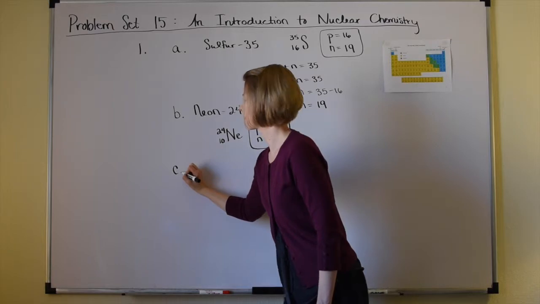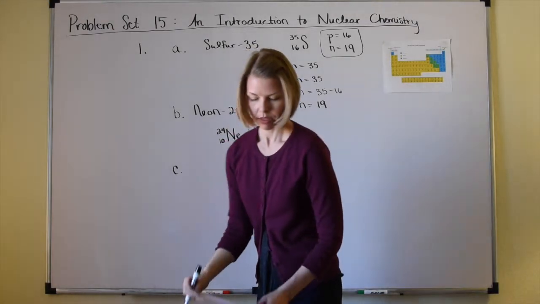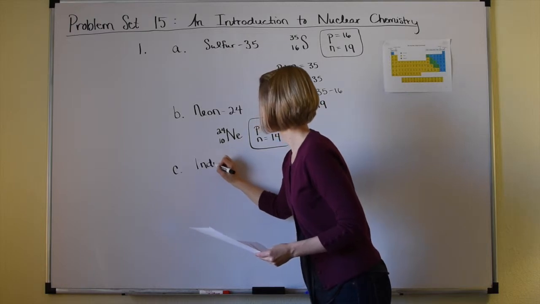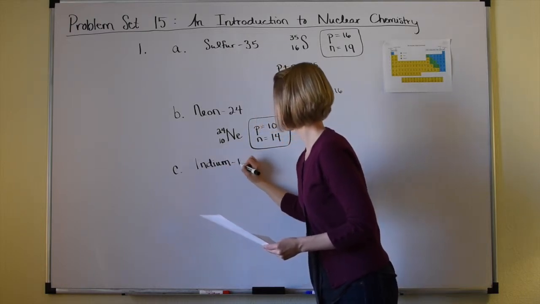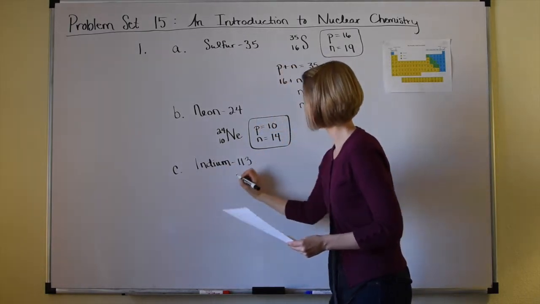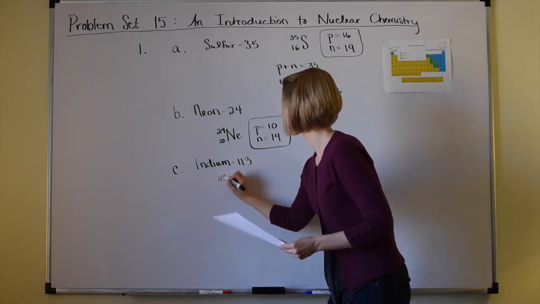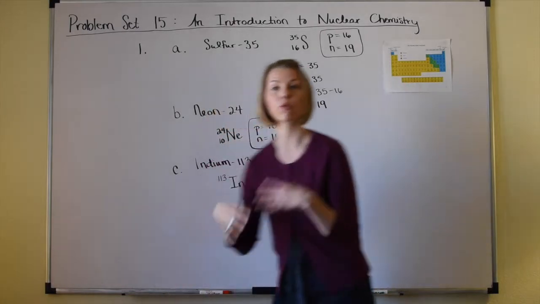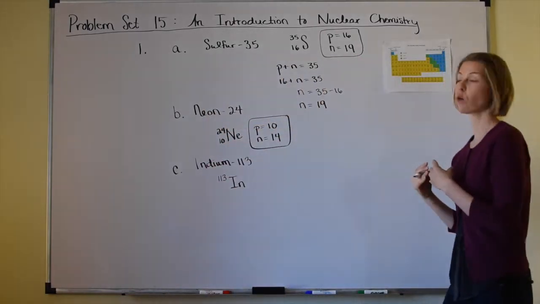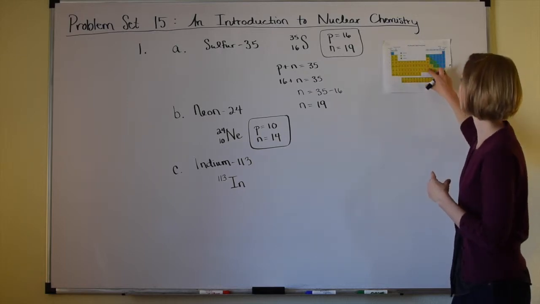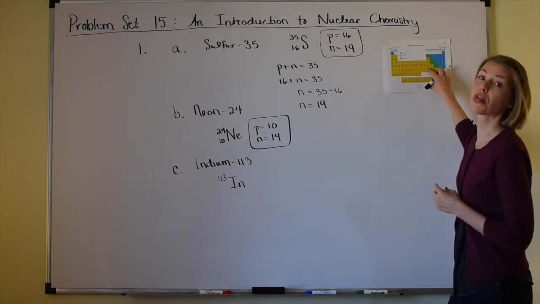C, indium-113. All right, so again, I'm going to write the mass number as a superscript before the element symbol, and I'm going to go to my periodic table and find the atomic number for this element. Indium is in group 3A.